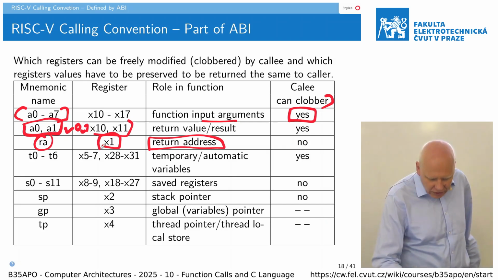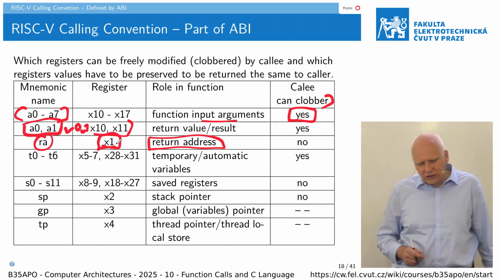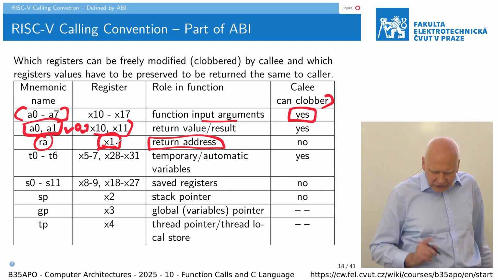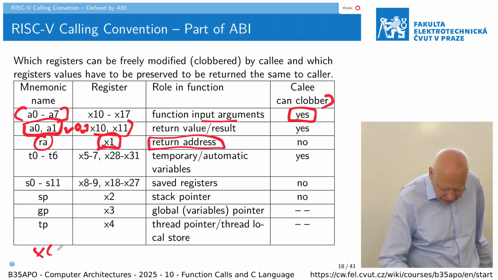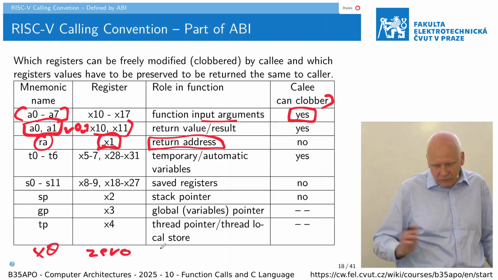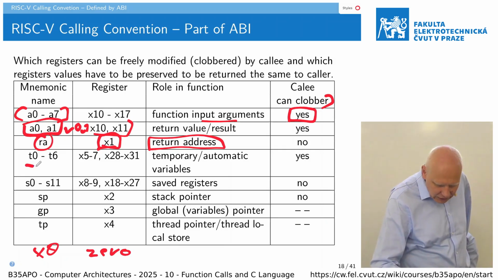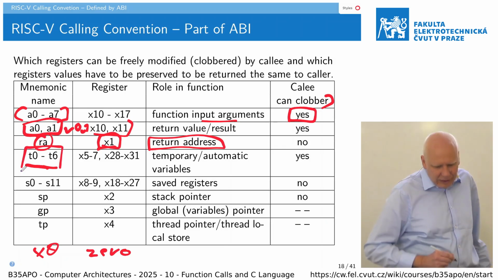So basically, if you use functions, the return address register should be mapped to X1. And okay, there is one register missing. We should say that X0 is the fixed 0 register.